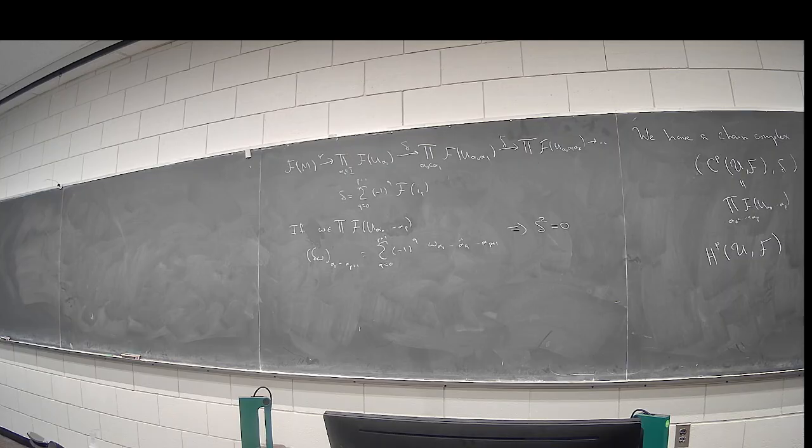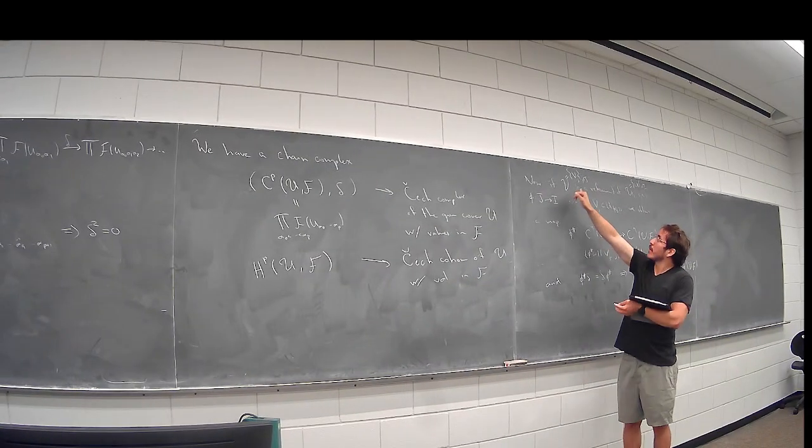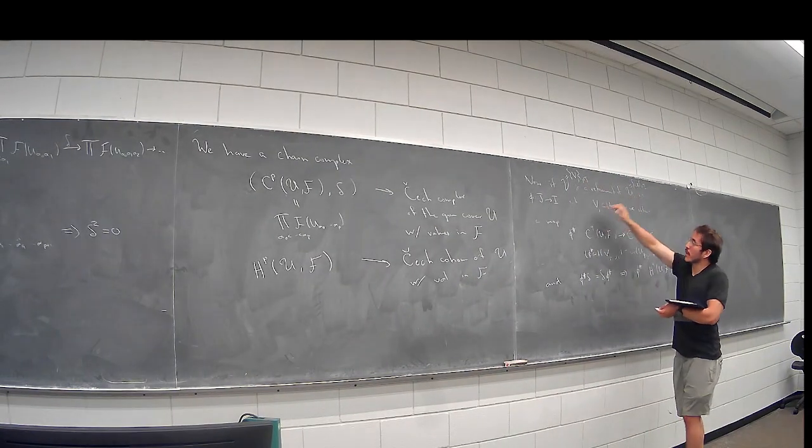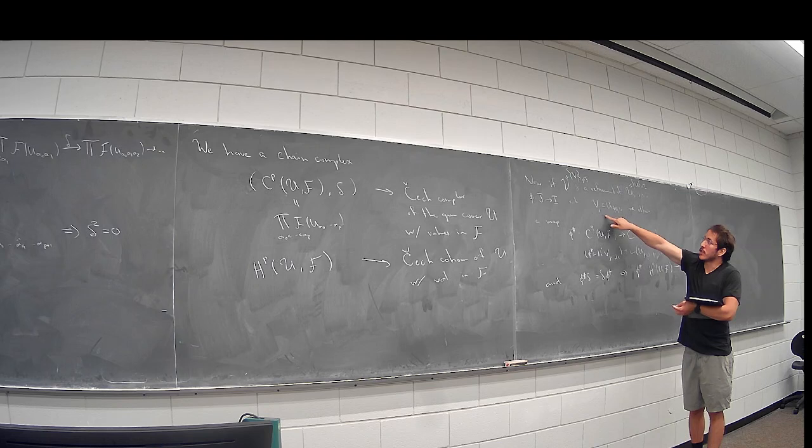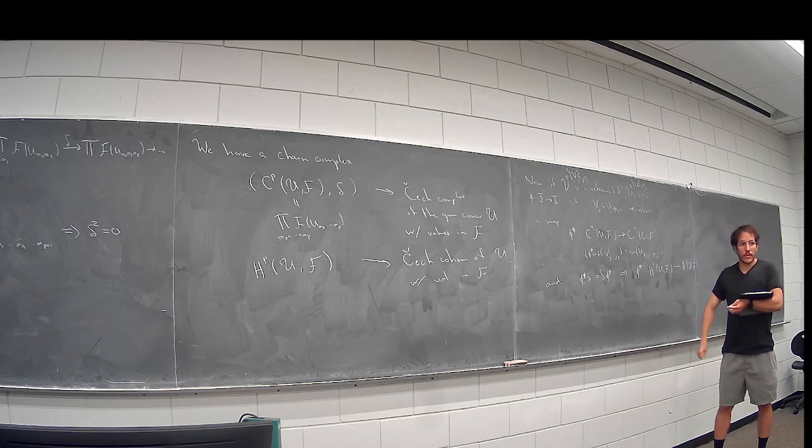Okay, so these ones are the open covers. So V is an open cover, U is an open cover. By a refinement, I mean this map from J into I that satisfies this property: if you give me a J, then I can find a U_i such that V_j lies inside it.